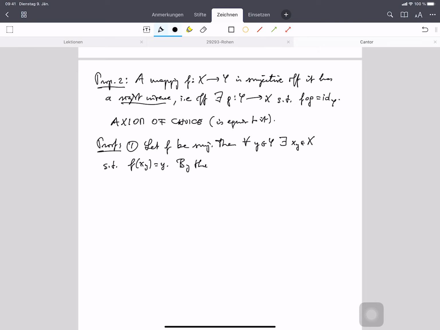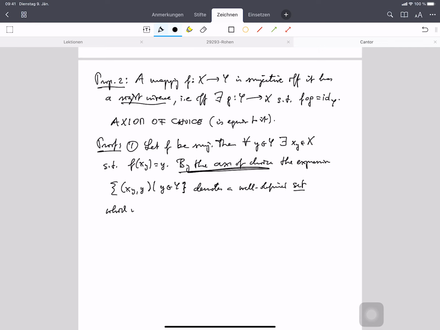By the axiom of choice, the expression denotes a well-defined set, which is the graph of our g.